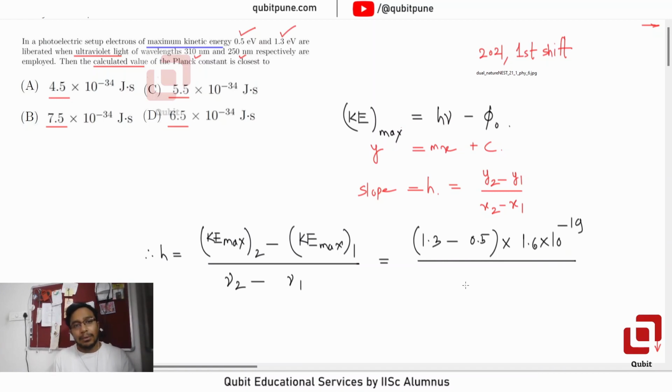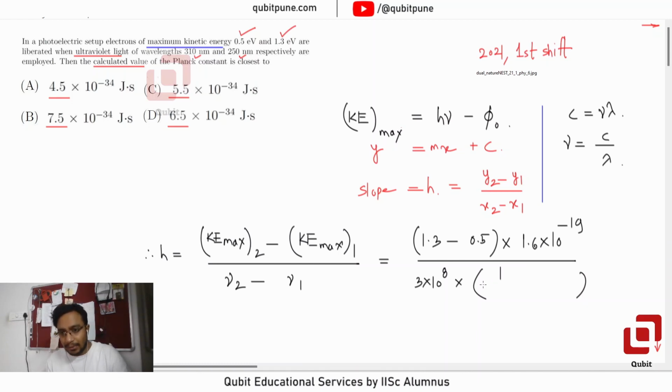Now we do not know the frequencies. Instead, what we know are wavelengths, right? So how are we going to calculate frequencies from wavelengths? We know the formula. Speed of light is equal to nu lambda, right? Speed of light is equal to frequency into wavelength. So what will be nu? It will be c by lambda. So put that c here. c is 3 into 10 raised to 8 into bracket. What is the wavelength corresponding to 1.3 electron volts? 250 nanometers.